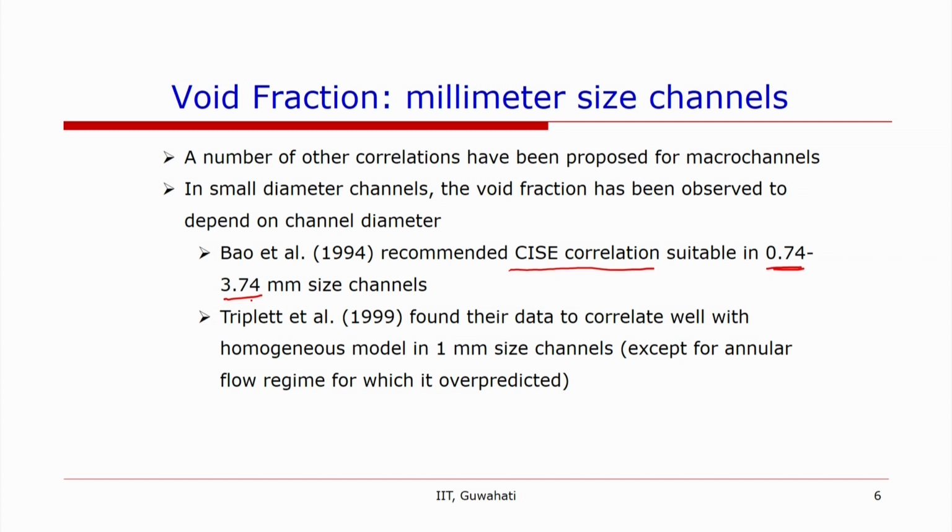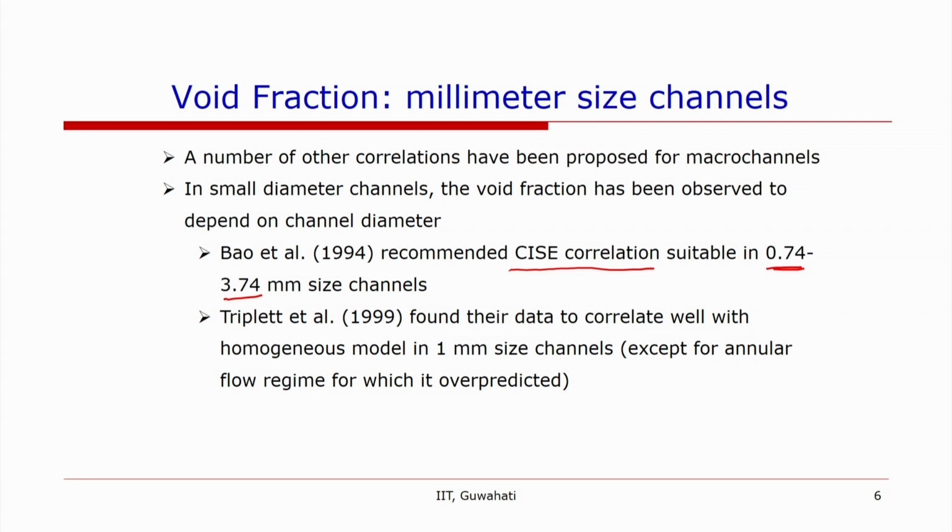In small diameter channels, for example, Bio et al. have compared their results with the CISC correlation for channel sizes ranging between about 0.74 mm to 3.74 mm, so about 1 mm channel size of that order. And they found that the CISC correlation is suitable for their purposes.